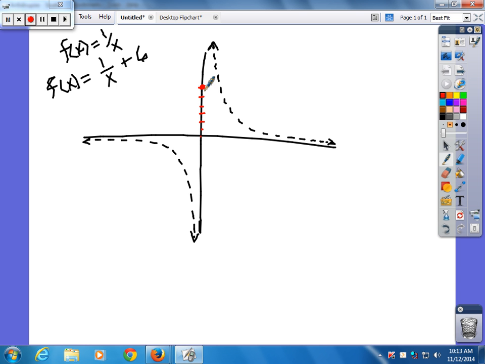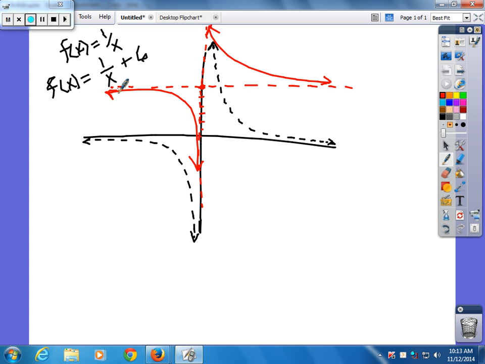And there is your new what? Origin. That's right, class. And now you draw the graph here. Now there is your graph. The red graph is the graph.